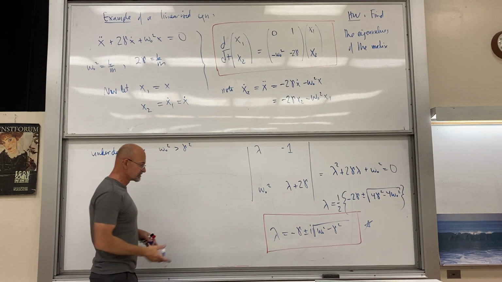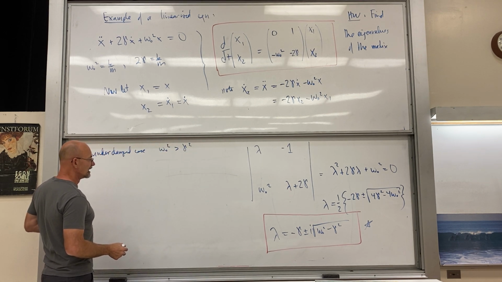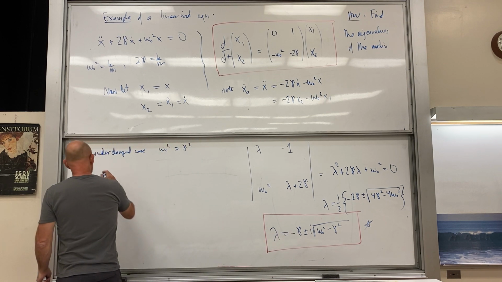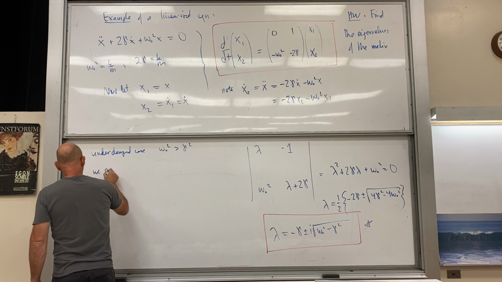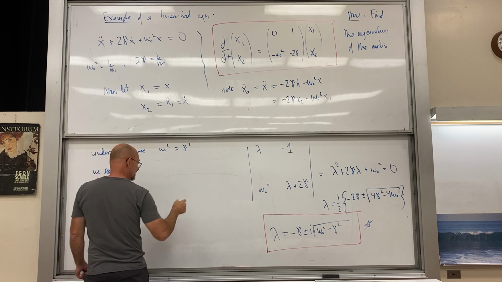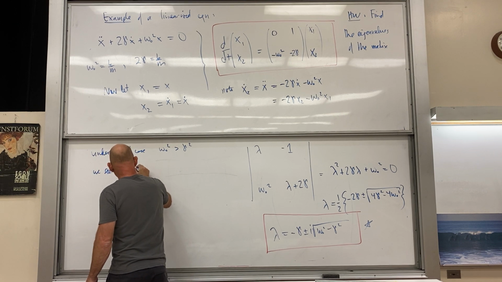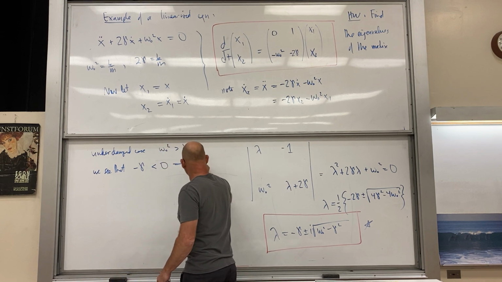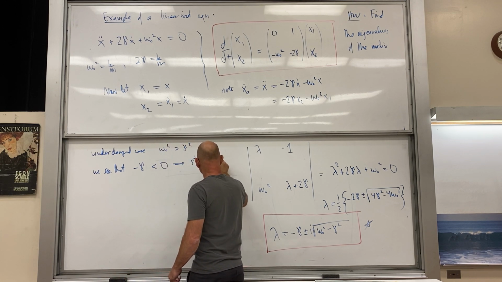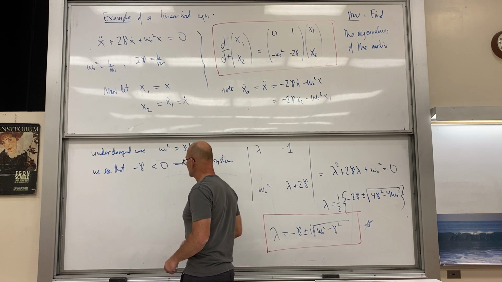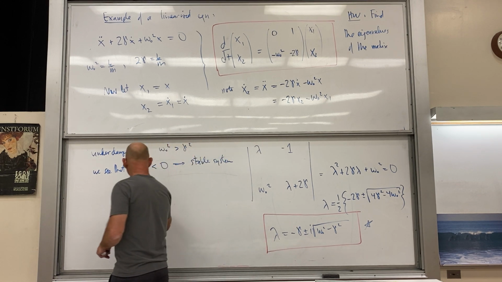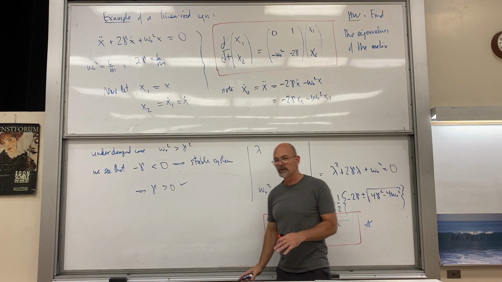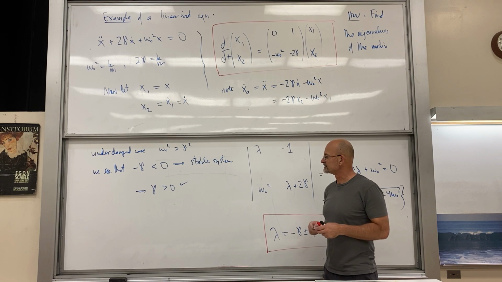So that restricts those parameters a bit, but it doesn't tell us if gamma is positive or negative. And so what we see is that negative gamma less than 0 gives a stable system. And therefore gamma is positive. So the damping coefficient as we built it in has to be positive.